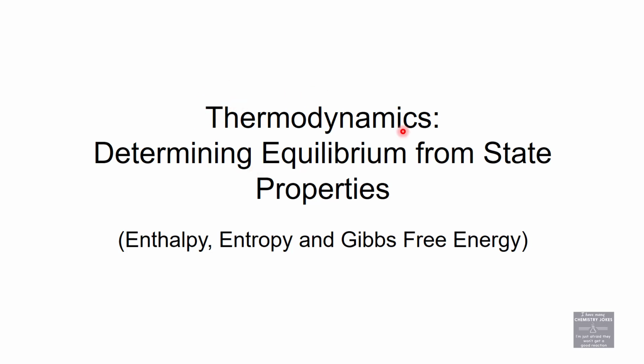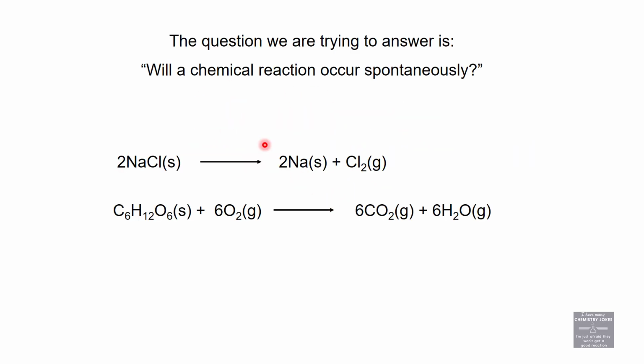We're going to use our thermodynamics discussion to answer the question, does a chemical reaction occur spontaneously? When we as chemists say the word spontaneously, we mean, does it occur naturally? So if you have solid sodium chloride, table salt, does that sodium chloride spontaneously become sodium solid and chlorine gas?